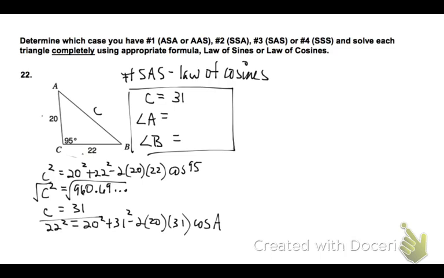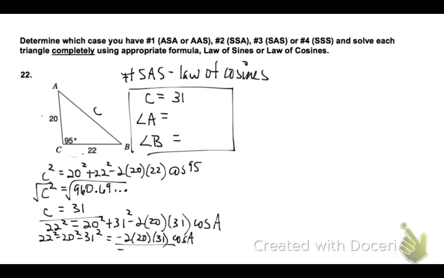So, as I explained before in the notes, I like to just subtract my squared values over, and then I'm going to divide by that product here.